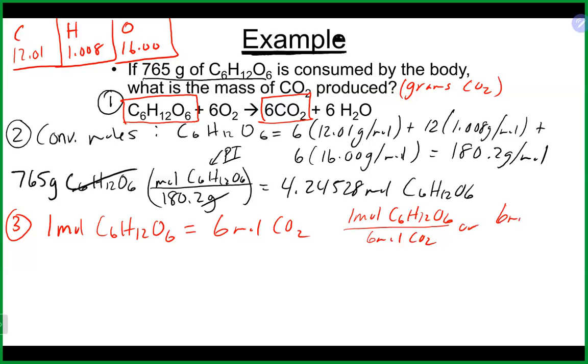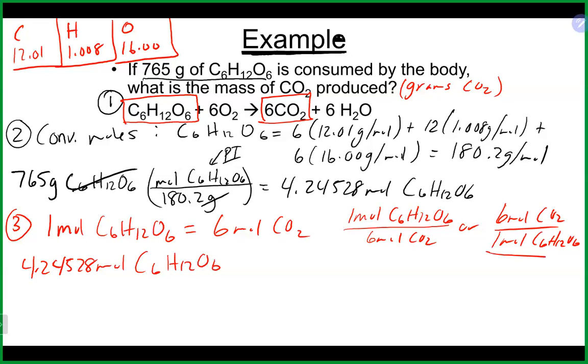Our 6 moles of CO2 over 1 mole C6H12O6. So to continue on, we'll take our 4.24528 moles of C6H12O6. We want to get rid of that, which means we are going to use a conversion factor here on the right because they are opposite of each other.